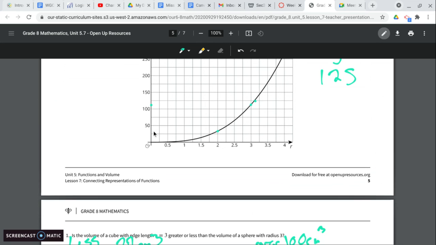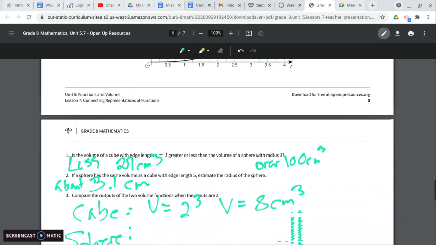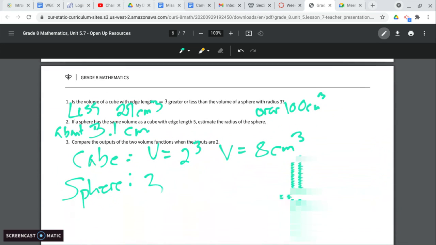So we're a little over 25, probably about halfway, so maybe 35-ish. So 35 centimeters cubed. So the sphere has a much larger volume than the cube does when we compare side length and radius as the values we look at, having the same and plugging in for our inputs.